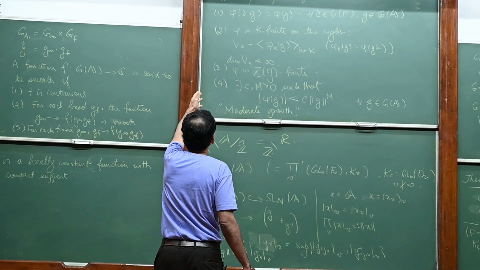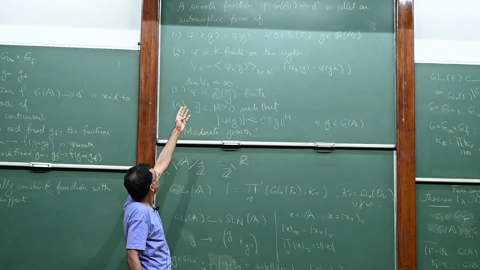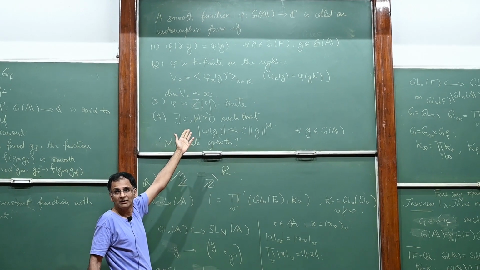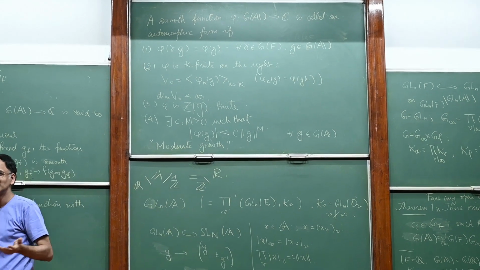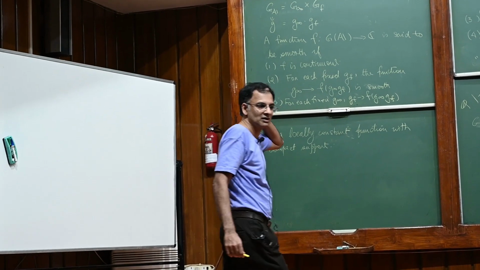Yeah. I mean, this is a space of functions, right? Complex valued functions. Phi is from G_A to C. So if I'm talking about a vector space of functions, obviously the underlying field is going to be C, right? Okay.